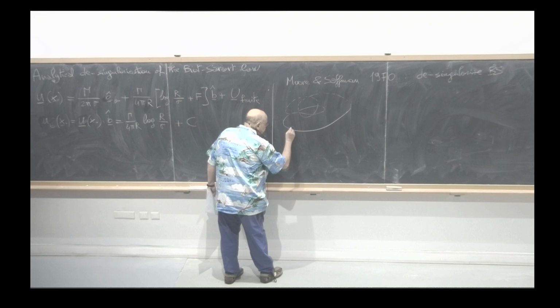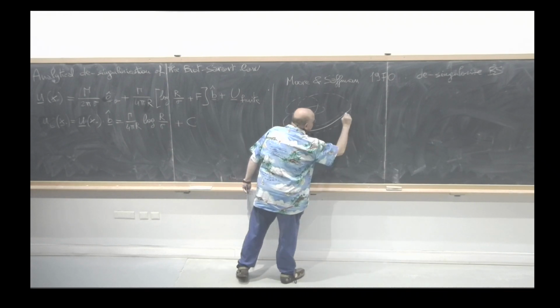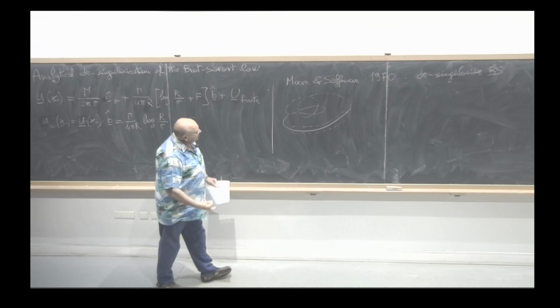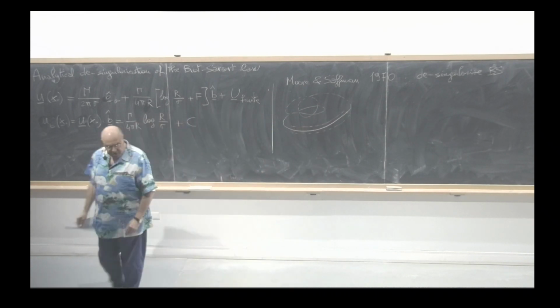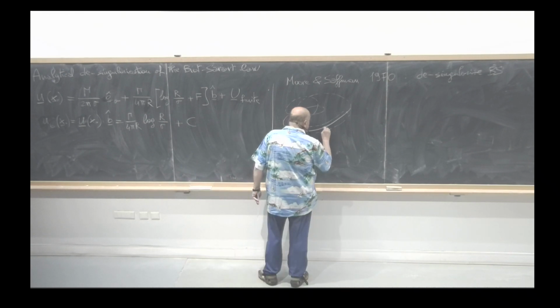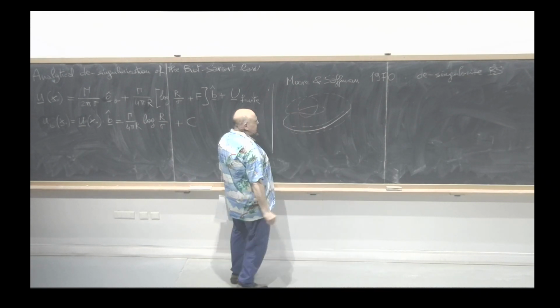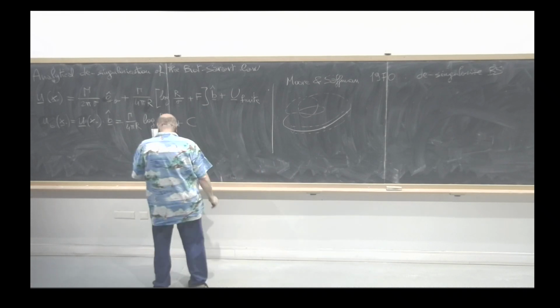So imagine that you have your tubular neighborhood of the center line here, and then you may think of filling it with a vorticity distribution.